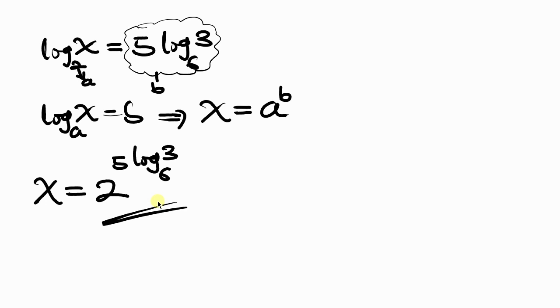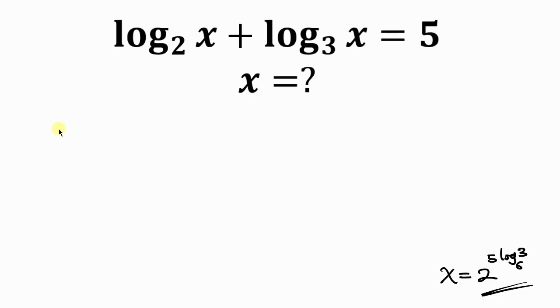Now let's check our answer. So now let's check. This is our value of X. So I'm going to be putting the value of X here. Good. So let's go. So here we have log base 2 of X. What is our X?